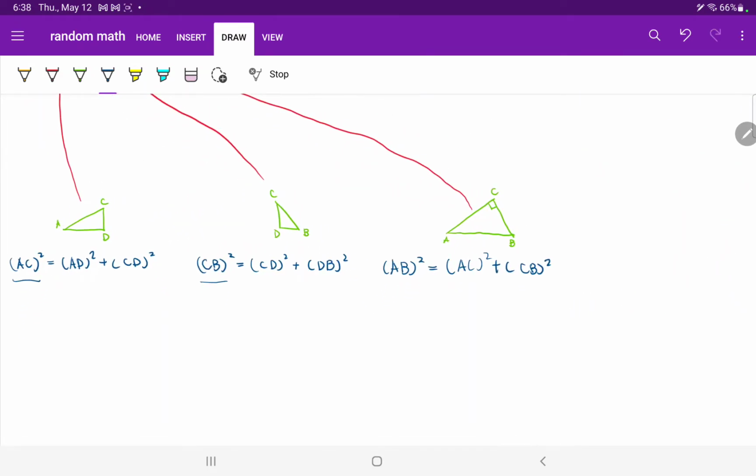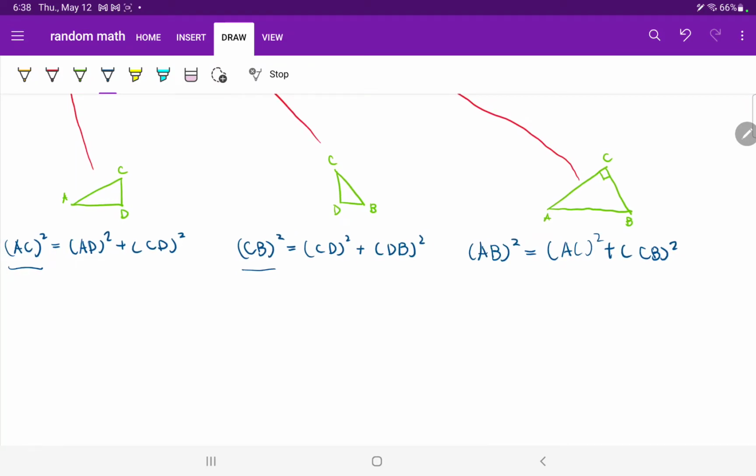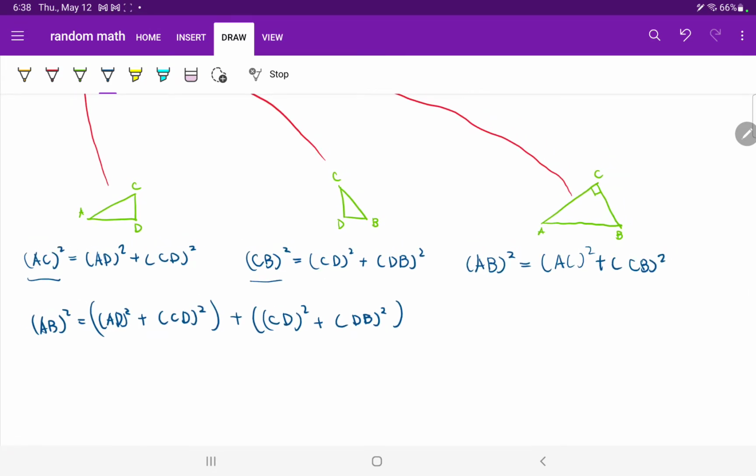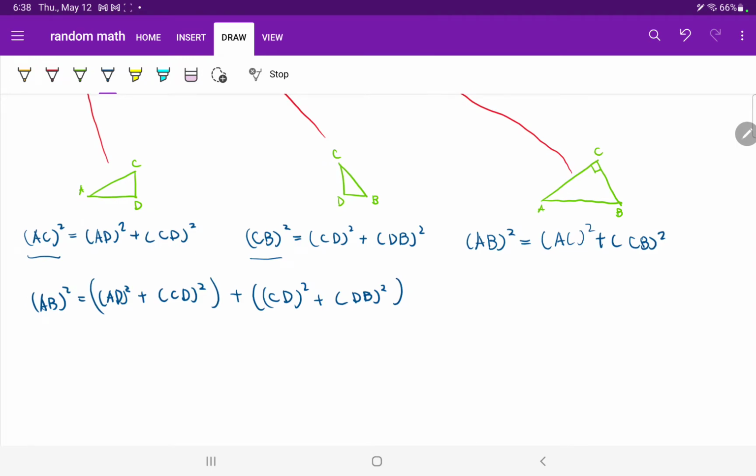So AB squared is equal to AD squared plus CD squared plus CD squared plus DB squared.